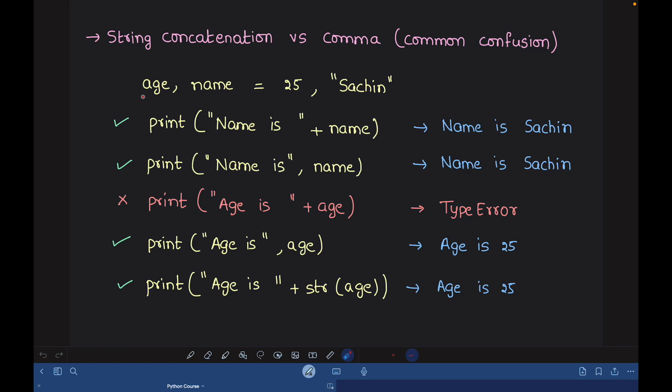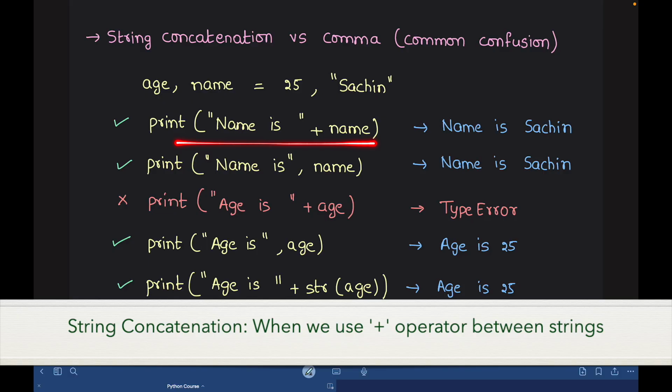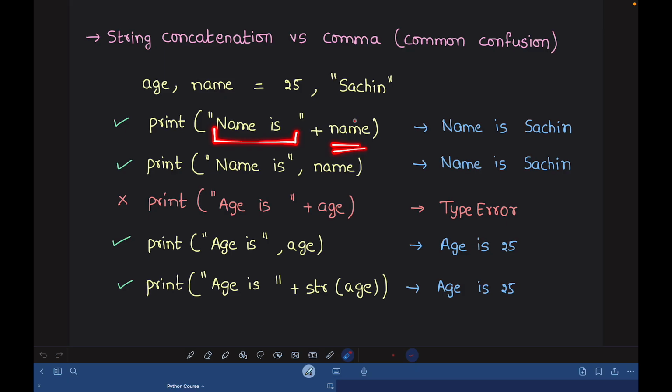Here we have two variables, age and name, with values 25 and Sachin. And if you see this particular print statement, what we have here is a string concatenation. We are concatenating this string "name is " with name, which has this value Sachin. So we are basically concatenating these two strings.